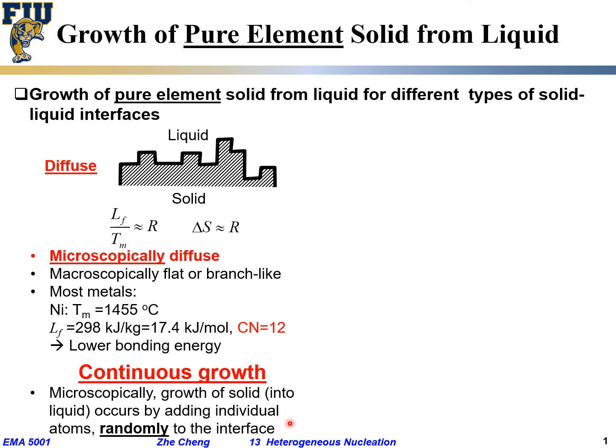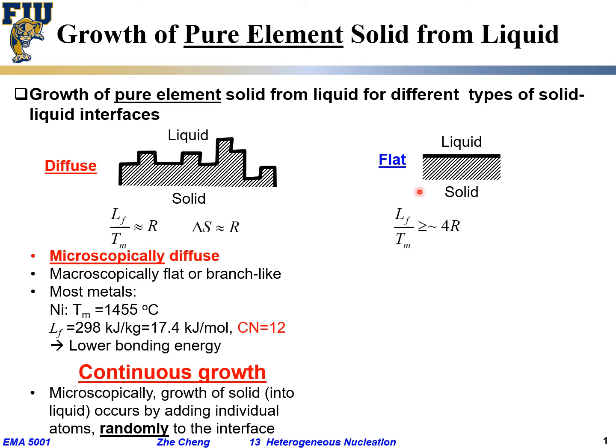This is one type. The other type is, remember we said something like this: between the solid on one side and liquid on the other side, it's pretty flat. How flat? Atomically flat, which means over many atoms it is very flat. Okay?